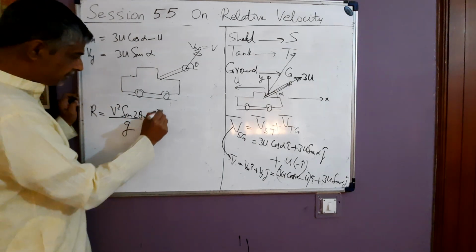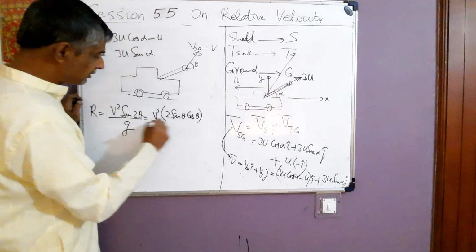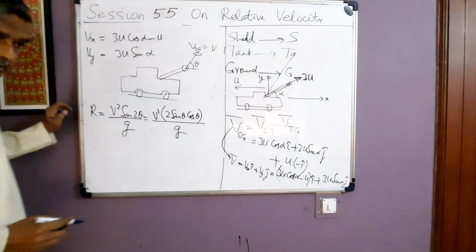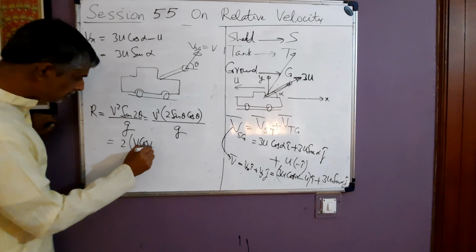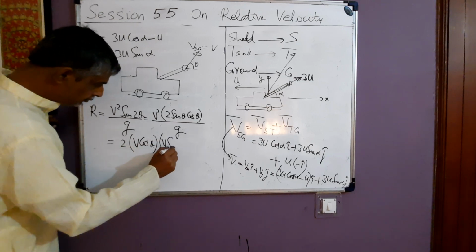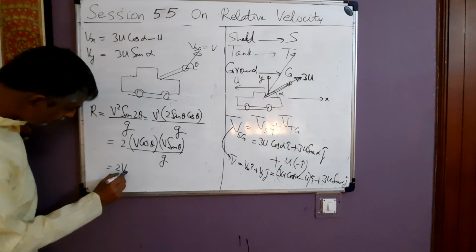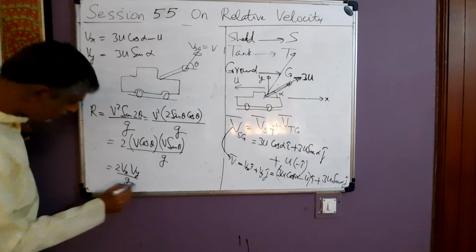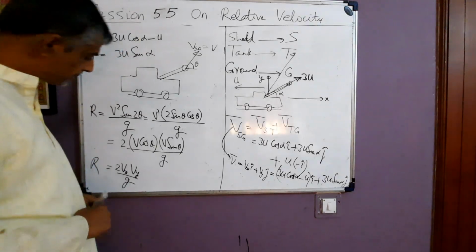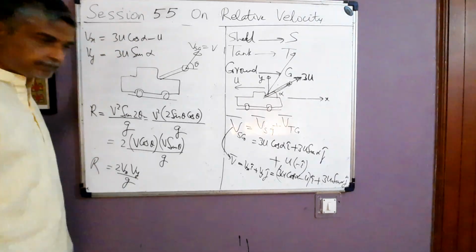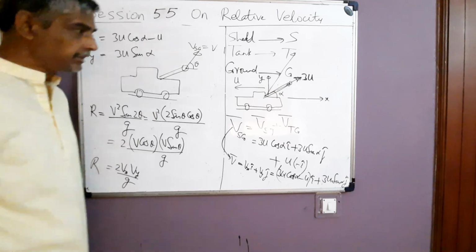That is same as V squared into 2 sine theta cos theta by g, which is 2 times V cos theta into V sine theta upon g. That is same as 2 Vx Vy upon g. This is the horizontal range of the shell with respect to ground.